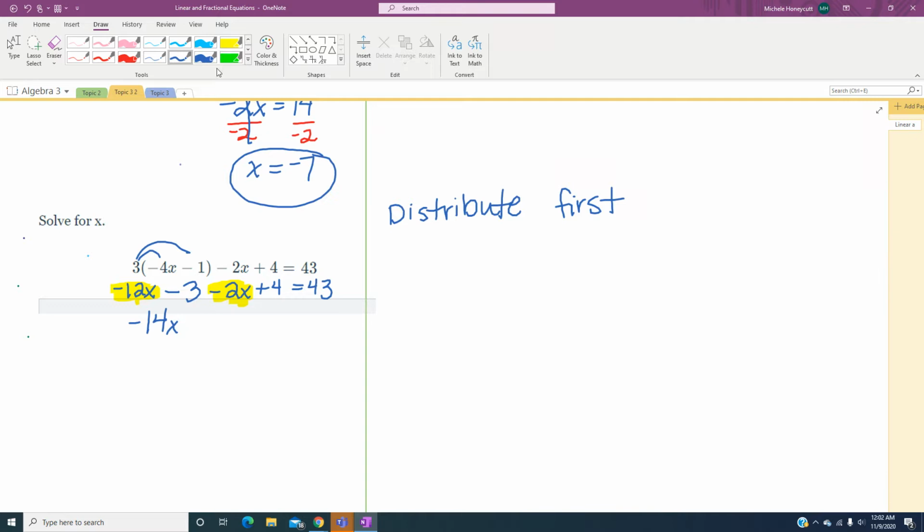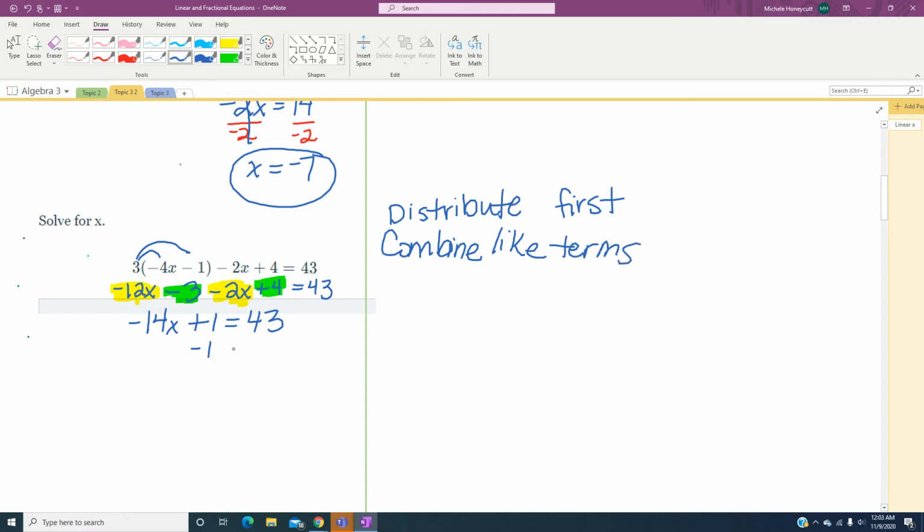And then also similarly, grab this green highlighter, negative 3 is a constant on the same side with positive 4. So I will combine those together as well. Negative 3 plus 4 is plus 1 equals 43. So we distributed first, but then we combine like terms. Now I can solve.